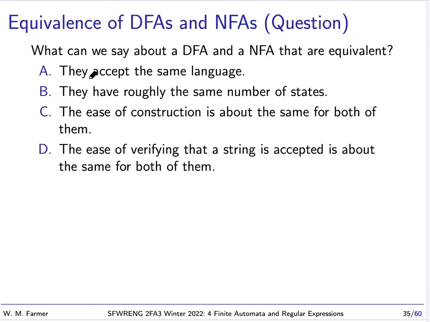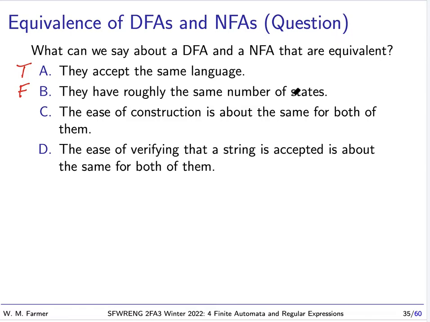Okay, well let's look at the possible statements and see which ones you thought were true. If they're equivalent, by definition, they accept the same language. So this is true. They have roughly the same number of states. This is false. DFAs usually have more states than NFAs, and sometimes many more states than NFAs.